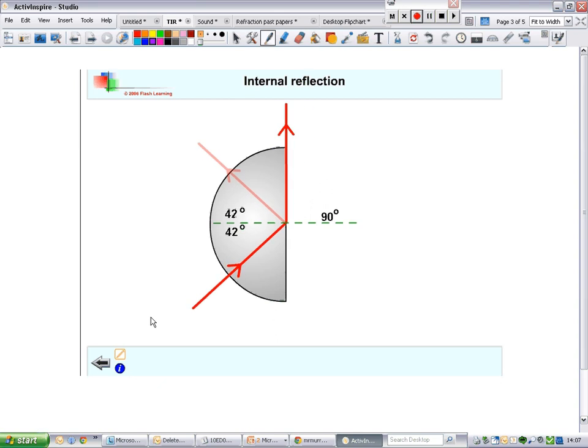So 42 degrees here for this particular animation. Beyond that, once you get past 90 degrees, this refracted ray moves round to here. So 43 degrees is your angle in the medium, and 43 degrees is your angle of reflection. That will hold for any angle, so 68 in, 68 out, and so on.